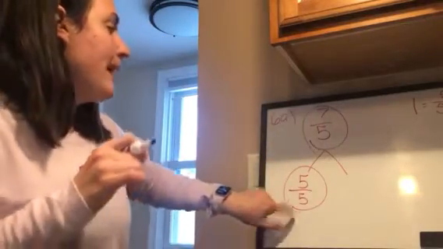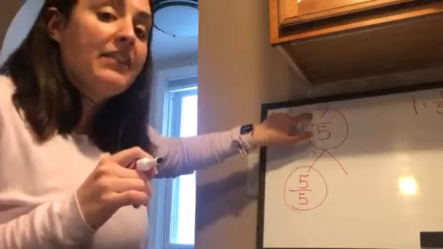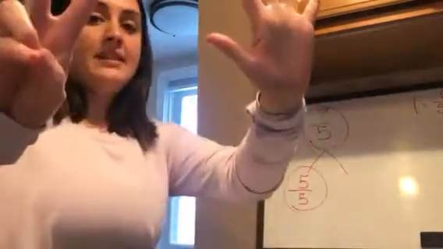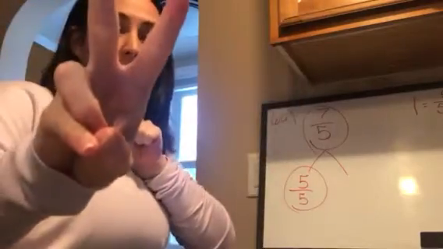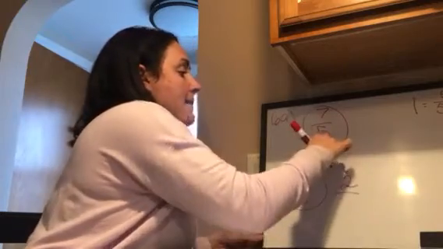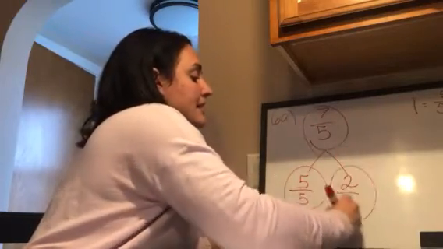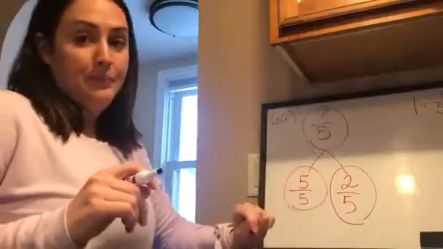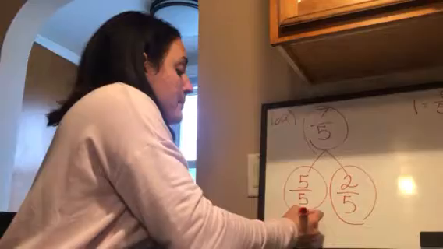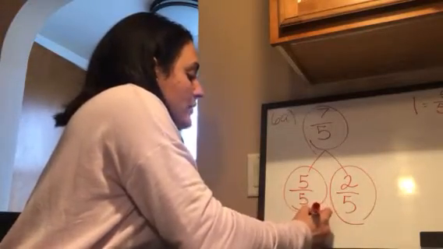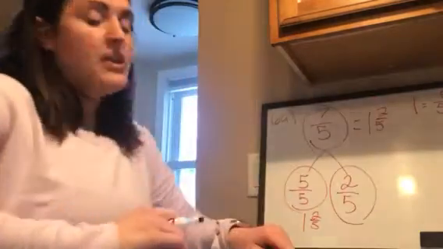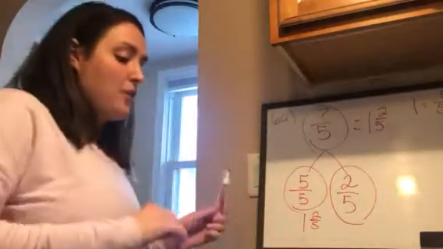And if I took away 5/5 from 7/5, it's like saying 7 minus 5. 7 take away 5, I'm left with 2. That becomes my numerator. And my denominator stays the same at 5. So 5/5 would be 1, and you are left over with 2/5. Your mixed number is 1 and 2/5, as you can see for the one that they did for you.